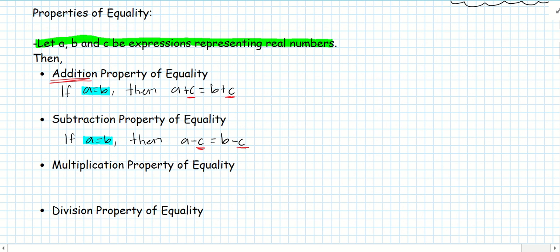Multiplication property of equality, same thing, same concept. If A equals B, then A times C equals B times C. We still have the same original equation, A equals B. However, now C is multiplying.